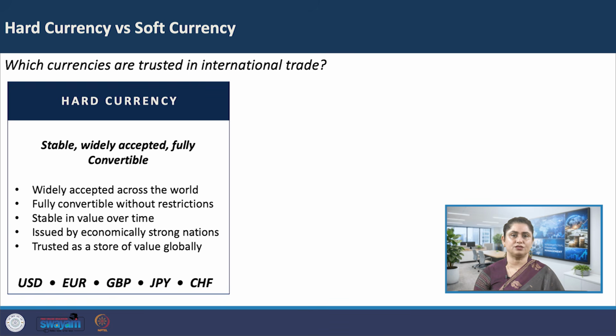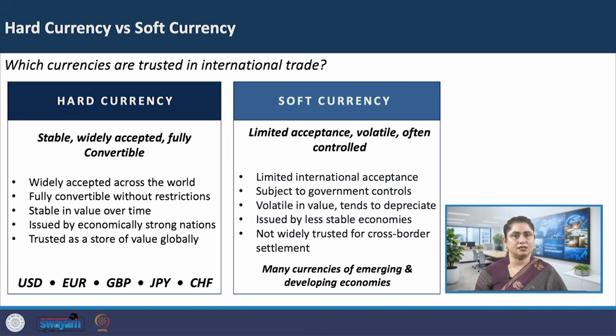Most international trade takes place in it, most commodity prices are set in it, and most central banks hold their foreign exchange reserves in it. A soft currency is a currency that is limited in international acceptance, tends to be volatile or subject to government controls, and is typically issued by economies that are less stable or less open.